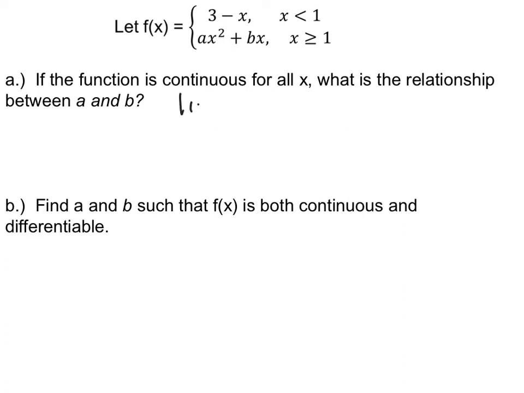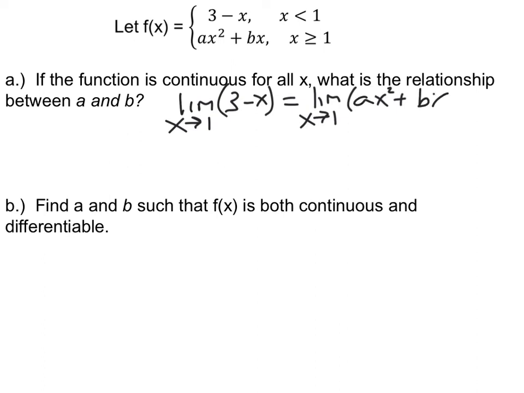So I'm going to say that the limit as x approaches 1 of the left side, the left-hand limit, has to be equal to the limit as x approaches 1 from the right-hand side, which would be dictated by ax squared plus bx. And I know the function's going to be defined at 1 because of the equal sign in that inequality up there.